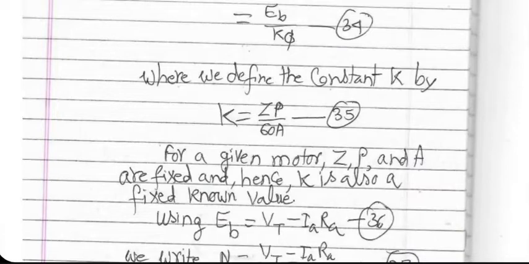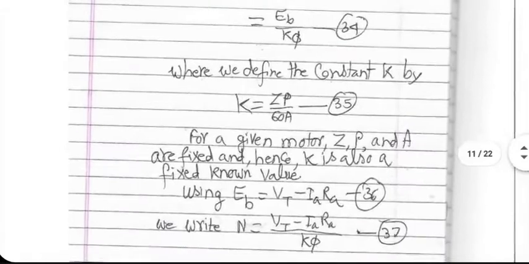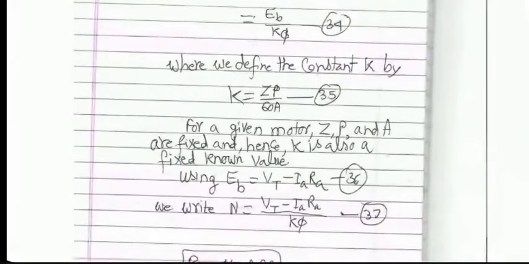I told you already, Eb is Vt minus Ia Ra. I'm not talking about the series motor right now. I'm talking about the DC shunt motor or separately excited DC motor.